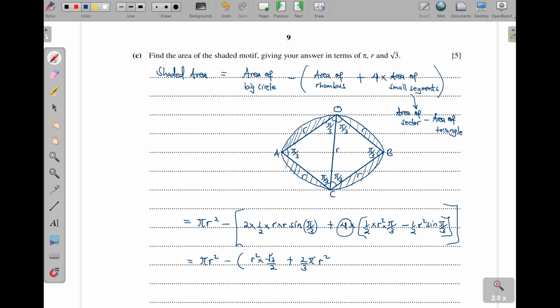And then 4 also in here, we shall have a 2, then times r squared, then times, of course this one is root 3 over 2, root 3 over 2. So meaning this one will cancel with that, then we remain with r squared, the square root of 3. So plus the square root of 3, then r squared.